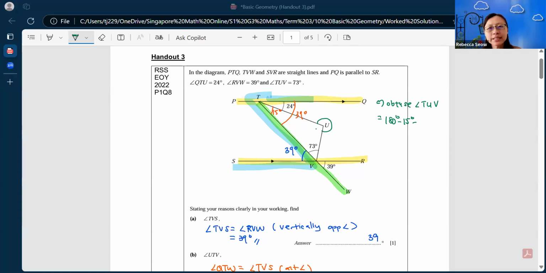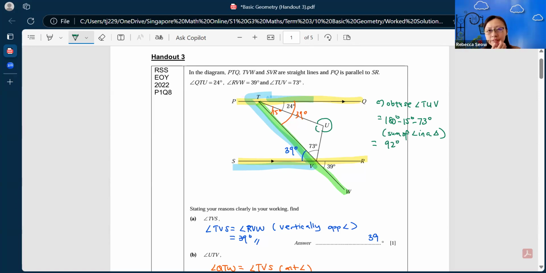So 180 degrees minus 15 degrees minus 73 degrees is 92 degrees.